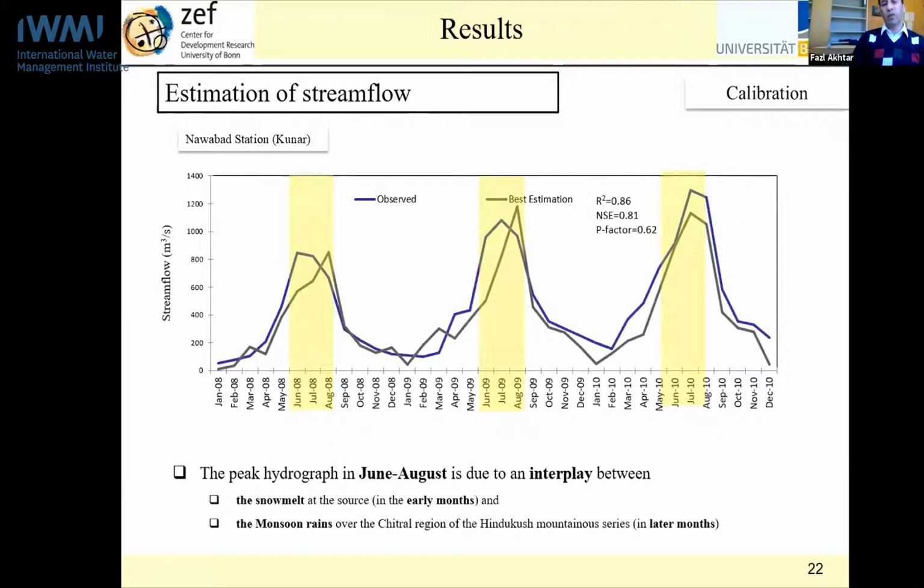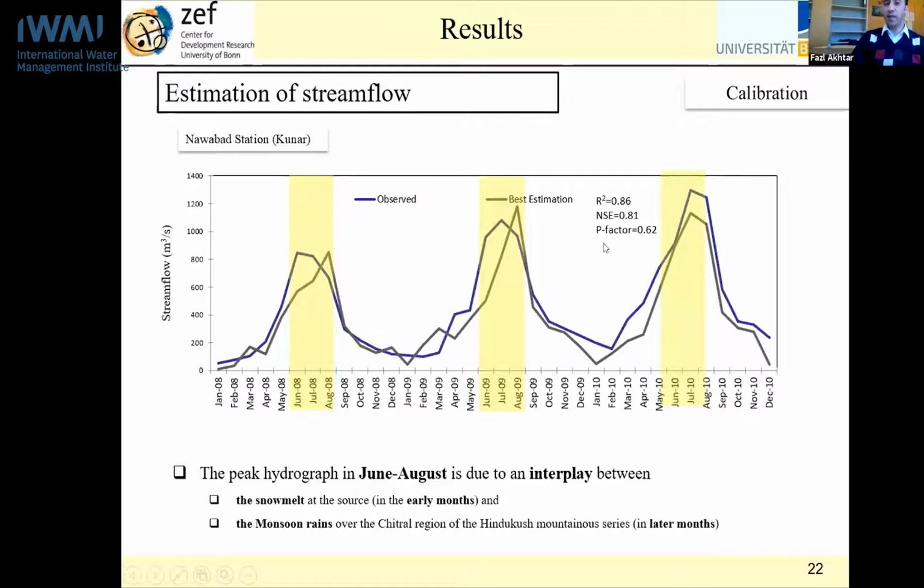Once we simulated the stream flow, as you see here, from January 2008 till December 2010, there's a very good fit actually. The R square value, the coefficient of determination, is 86%. The Nash-Sutcliffe efficiency for the calibration period was 81%.